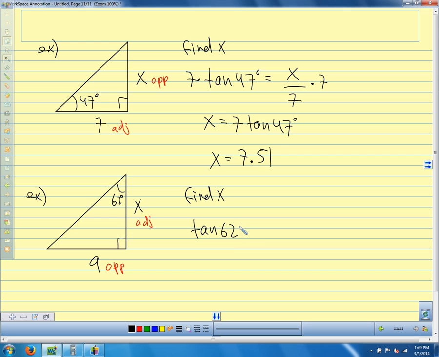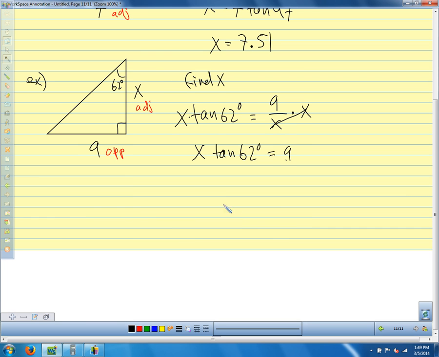Tangent of 62 degrees. Our calculator tells us that ratio is the same as the opposite over adjacent, 9 over x. How do I get rid of that x in the bottom? Multiply both sides by x. Those cancel. I get x tangent 62 degrees equals 9.